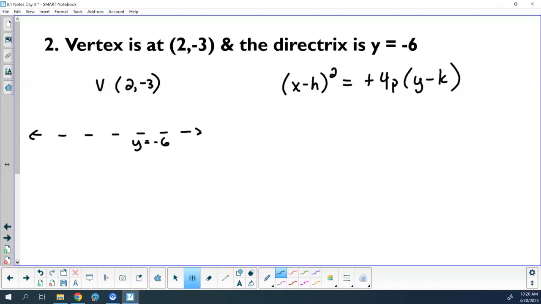Okay? What do I know? H is what? 2. Yep. So H is 2, and K is negative 3. What else do I know? So when I put 2 in for H, then this would be x minus 2.